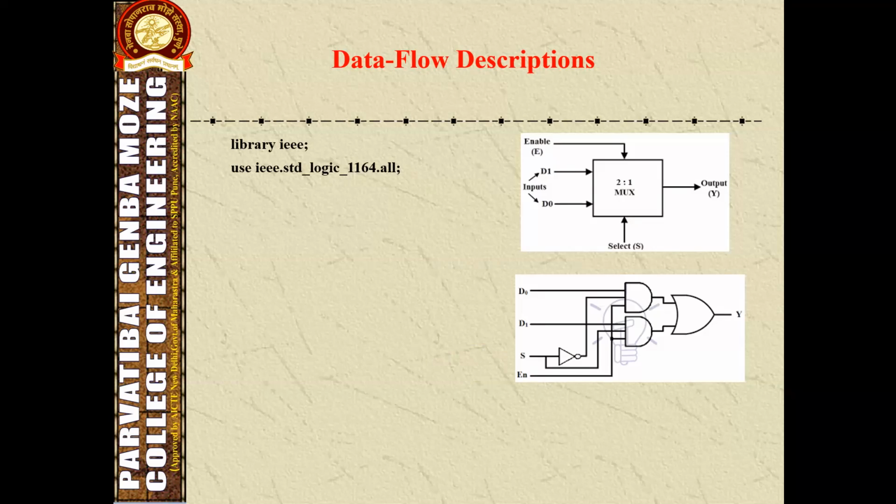Some facts about this data flow description: it simulates the system by showing how the signal flows from system input to output. For example, the Boolean function of the output or the logical structure of the system is shown, such as shown here in the flow.